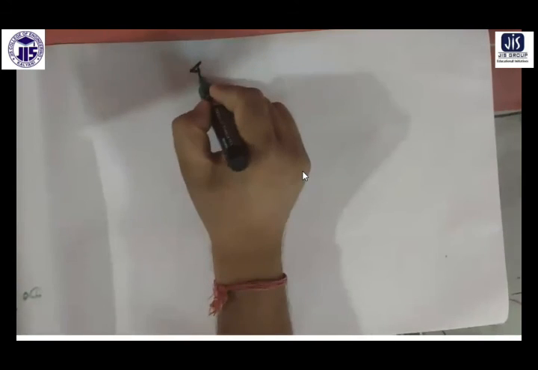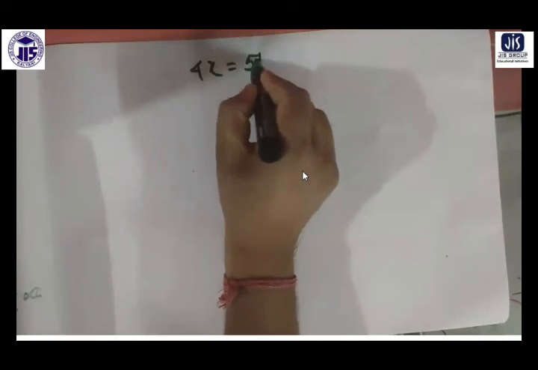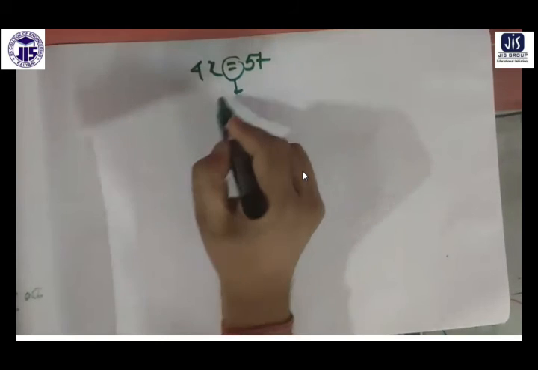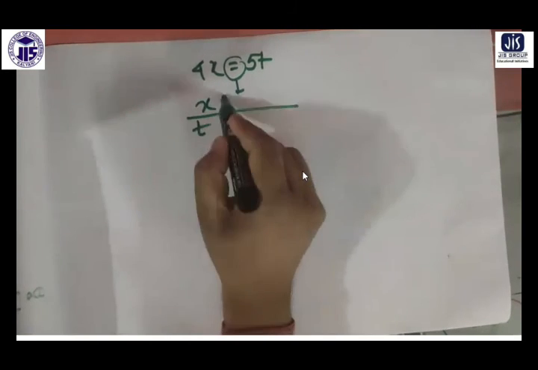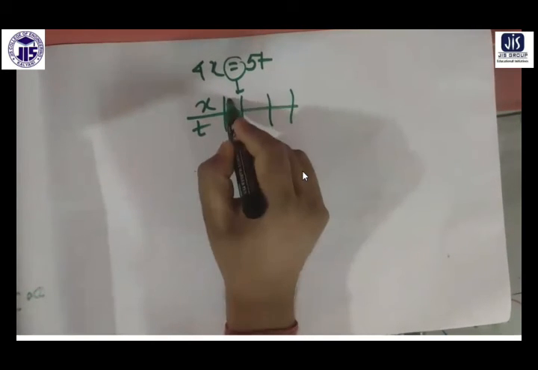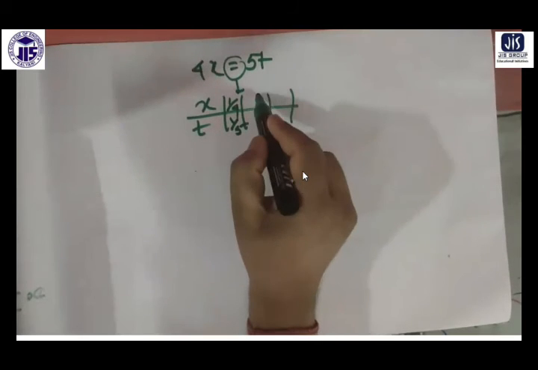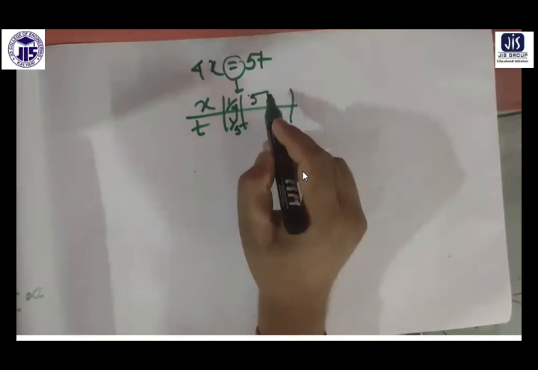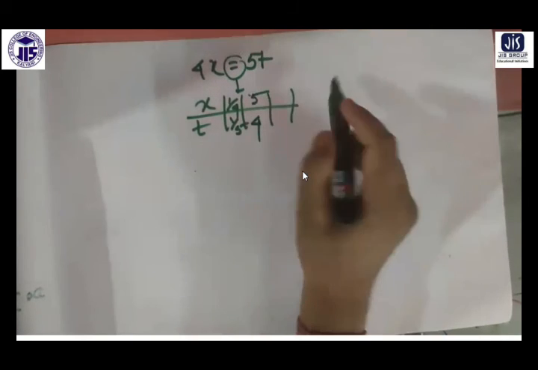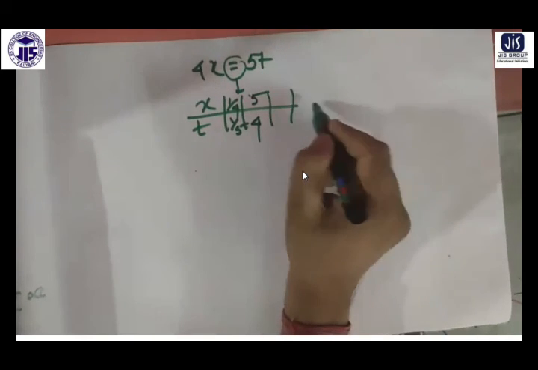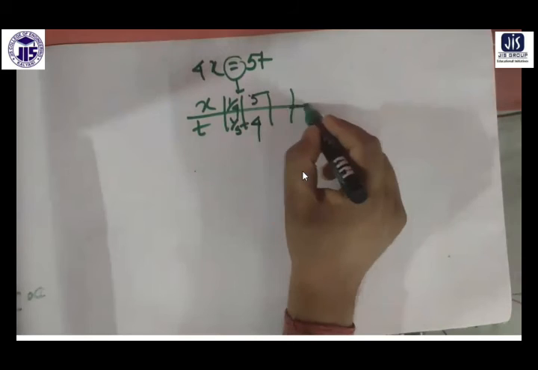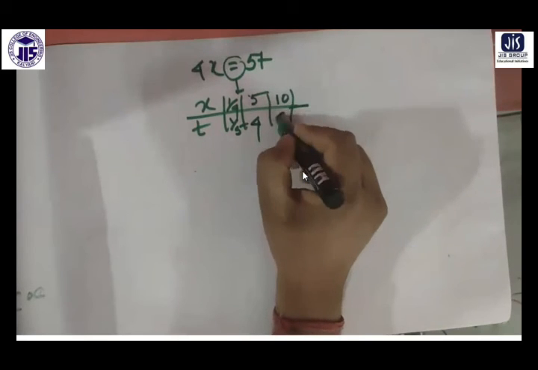Suppose I have an equation like 4x equal to 5t. This equal sign can exist depending on the values of x and t. If I make x equal to 1 by 4, t will be 1 by 5. If I make x equal to 5, t is equal to 4. If I make x equal to 10, t has to be equal to 8.